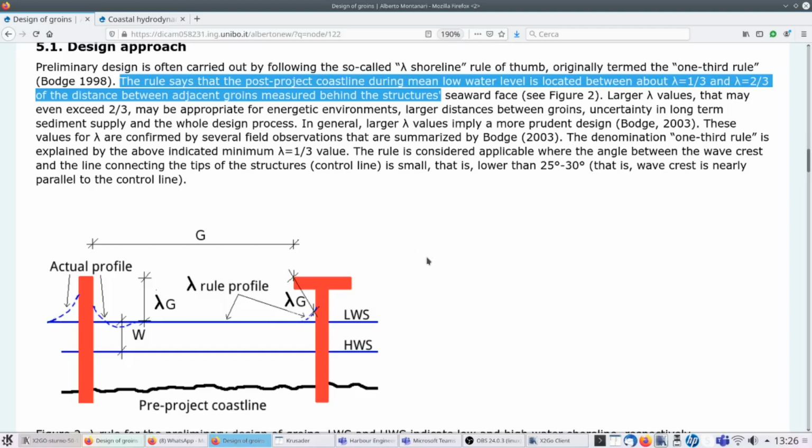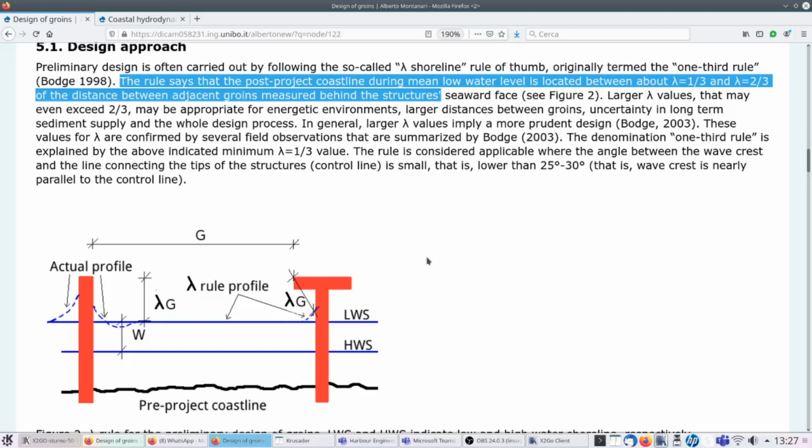So basically you get the low water shoreline after the project between lambda 1/3 and 2/3. So lambda G is, if you look at the figure, more or less 1/3 of G.